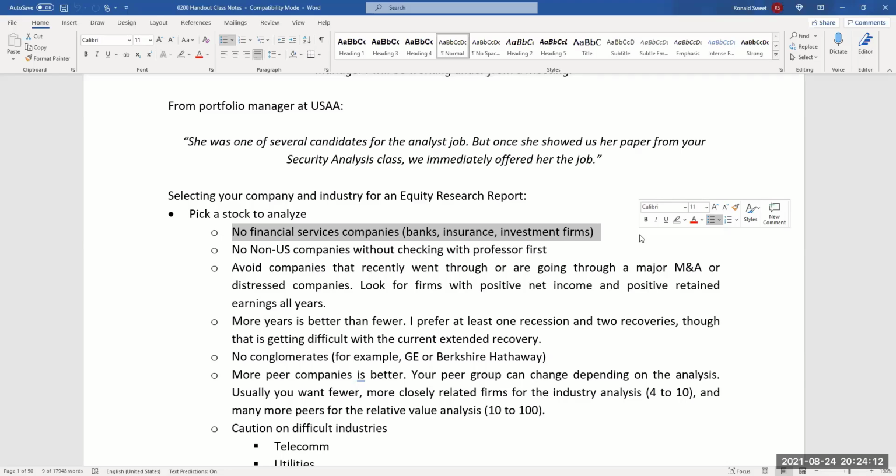I would recommend against a non-US company without checking with me first. There are a couple of non-US firms out there. You just gotta be real careful that the data is available. You don't always get the same amount of data. If you have a firm that's recently gone through a major M&A, you can do them, but it can be a little bit of a challenge.